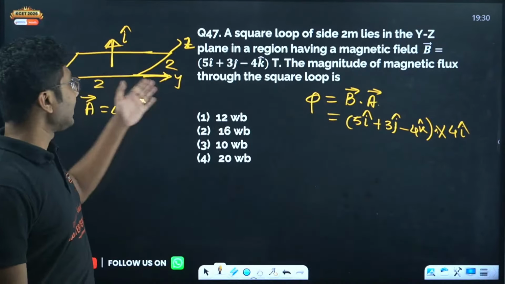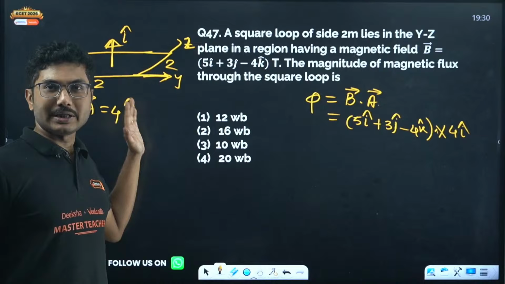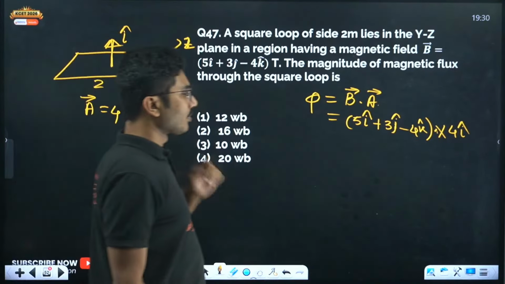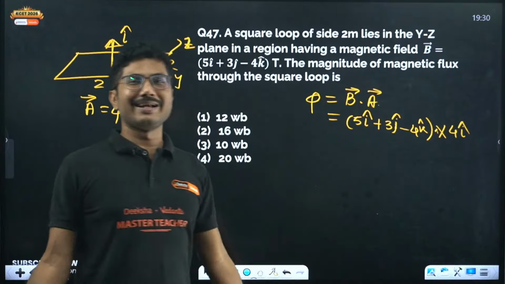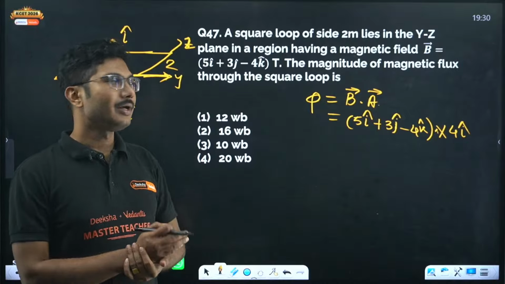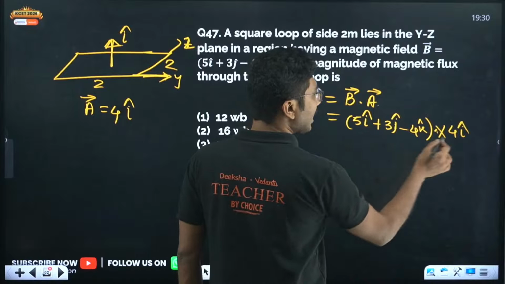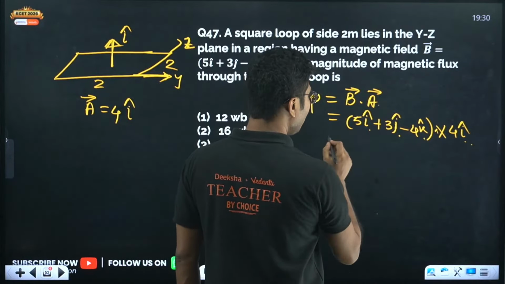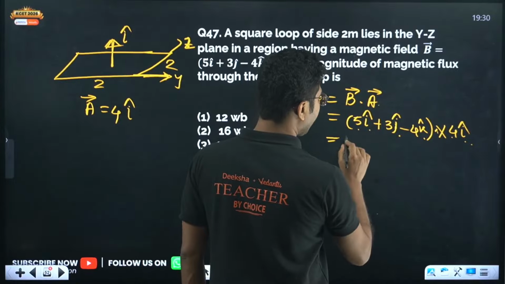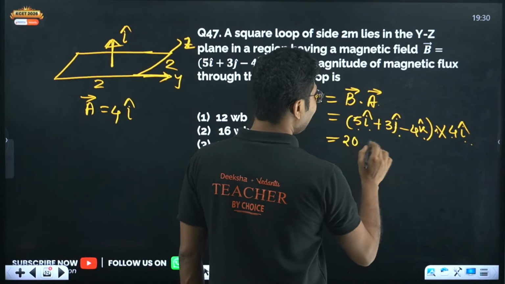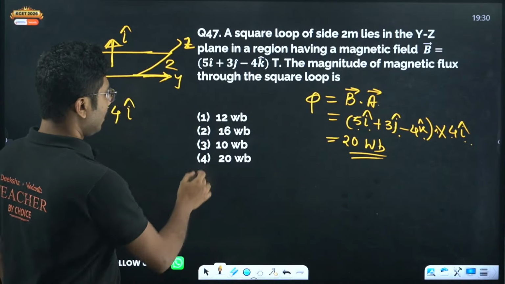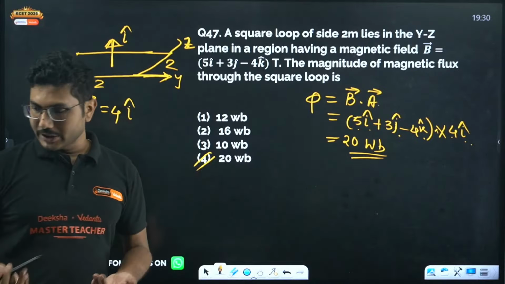YZ plane means the normal is either the positive or negative x-axis. We will take the positive x-axis only. But you might say, sir, why not negative? We generally do not take negative, that's why we are not taking negative. Now i cap dot i cap is 1, all the remaining dot products are 0. So 4 5s are 20. So 20 Weber is the magnetic flux. Very easy.